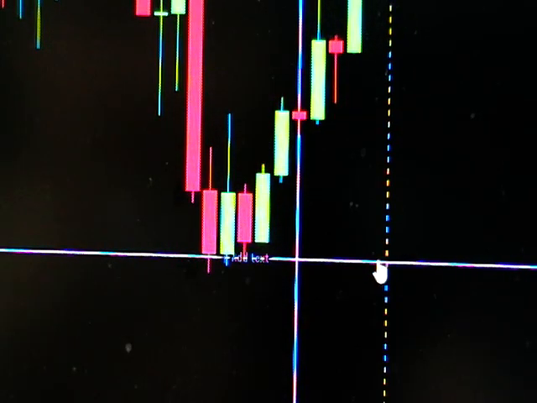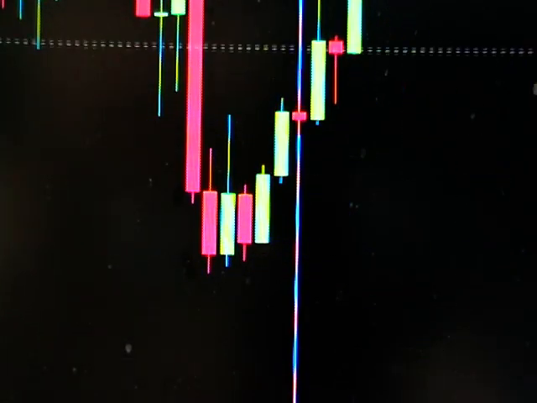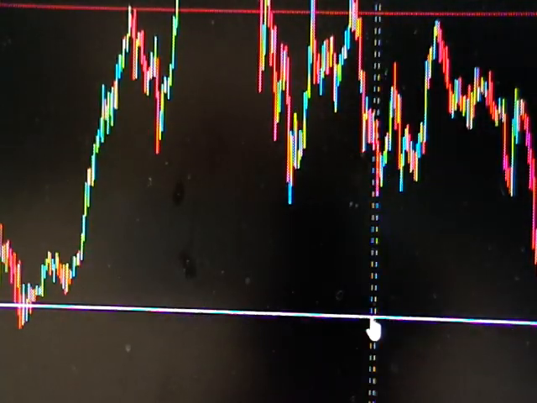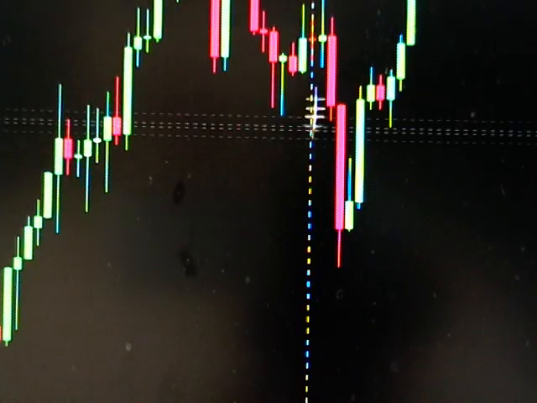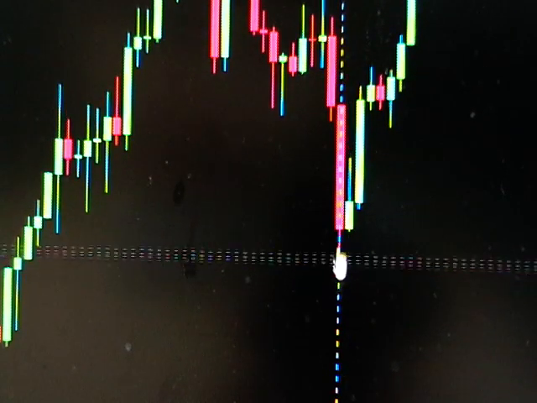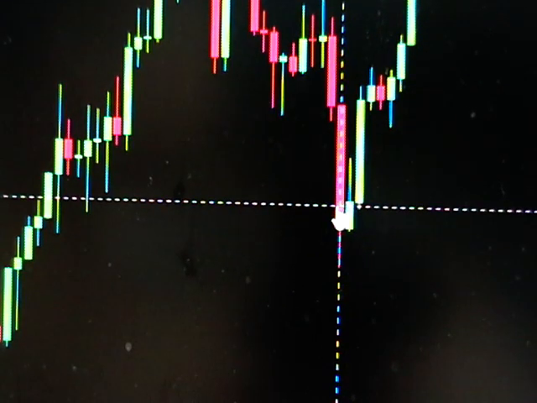Right here, even though it's small, compared to this one, we had a higher close. The market structure, we broke the structure and it kept going up. Okay. Let's look right here, for example. So, we had a low, then a high, but this candle closed above. Wait.